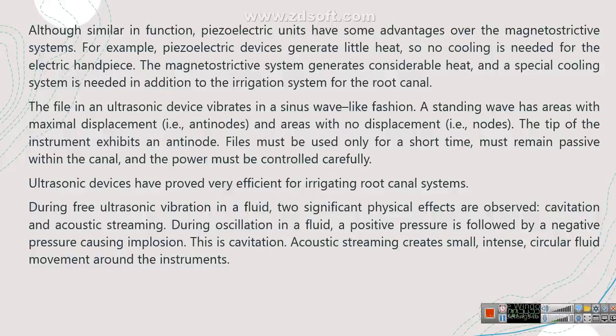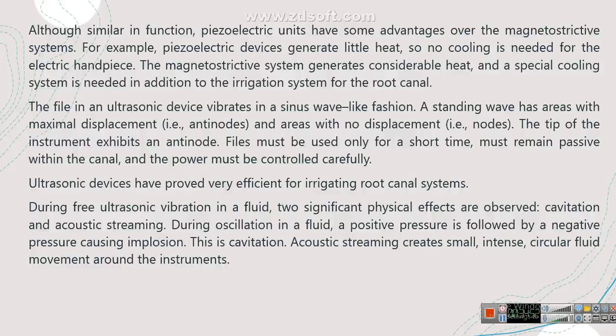So during free ultrasonic vibration in a fluid, two significant physical properties are observed: cavitation and acoustic streaming. During oscillation, when it simply rotates in a fluid, a positive pressure is followed by a negative pressure, causing implosion.